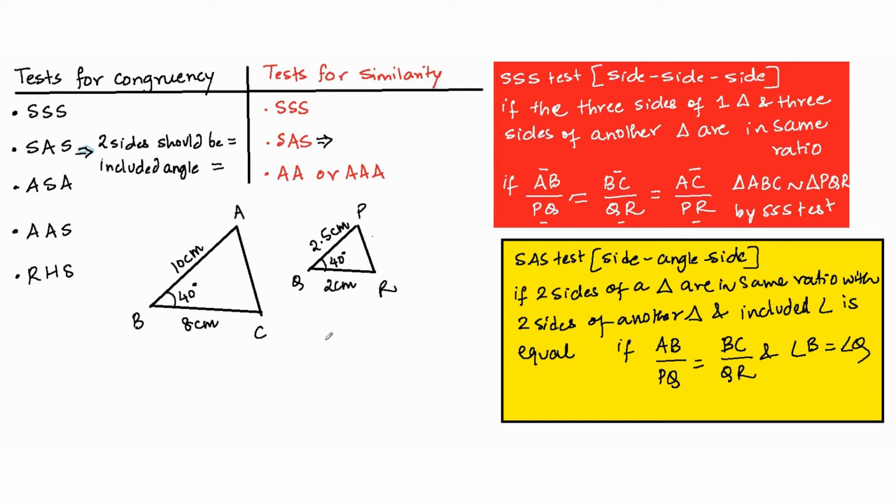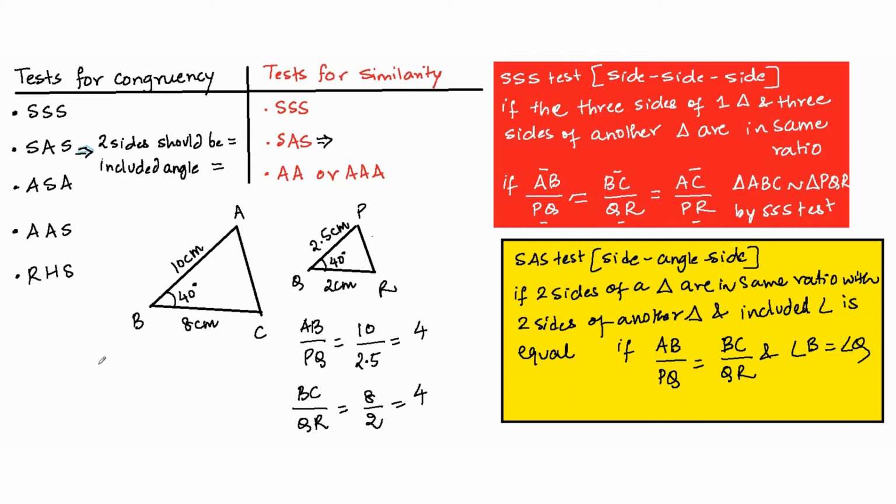Let me explain why. Let's take the ratio AB upon PQ. What is the ratio AB upon PQ? 10 divided by 2.5, which is 4. Similarly, BC divided by QR is 8 divided by 2, which is also 4, right?